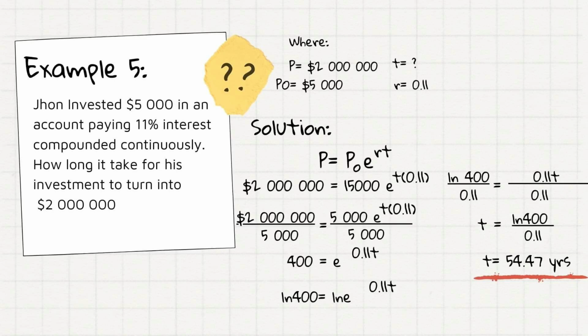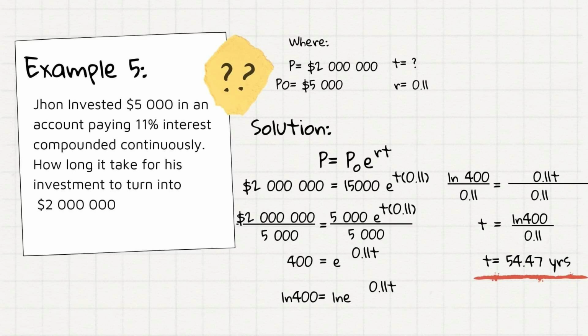To simplify the value of e, let's multiply both sides by ln, which is the natural logarithm, because ln e is equal to 1. ln 400 is equal to ln e to the exponent of 0.11t, and it will become ln 400 is equal to 0.11t. So to find the value of t, let's divide both sides by 0.11 so that we can find the time.